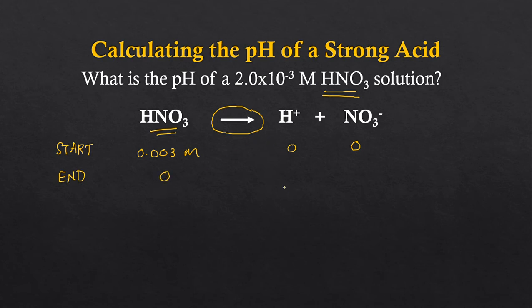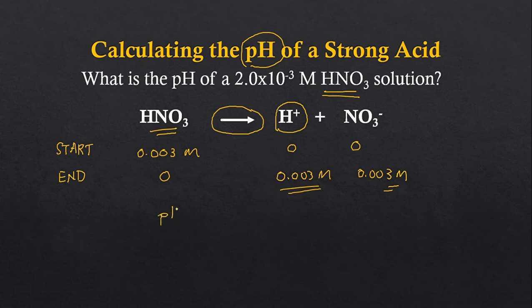At pareho na tayo magkakaroon dito ng 0.003 molar ng H positive at 0.003 molar ng NO3 negative. Now, pag pH ang pinag-uusapan, ito lang ang concern natin, yung concentration ng hydrogen ion, which is 0.003. Ito, ignore na natin yan.